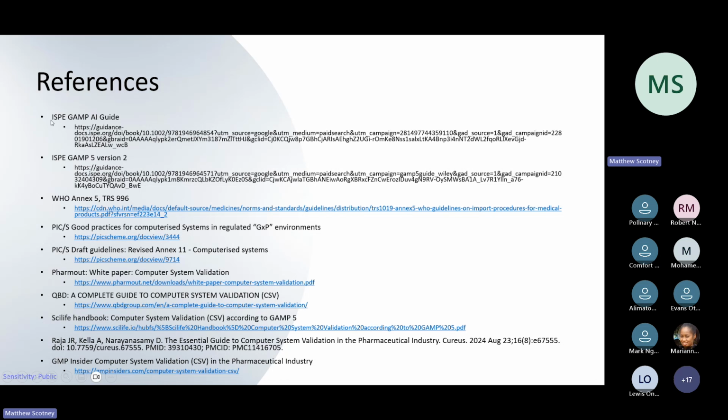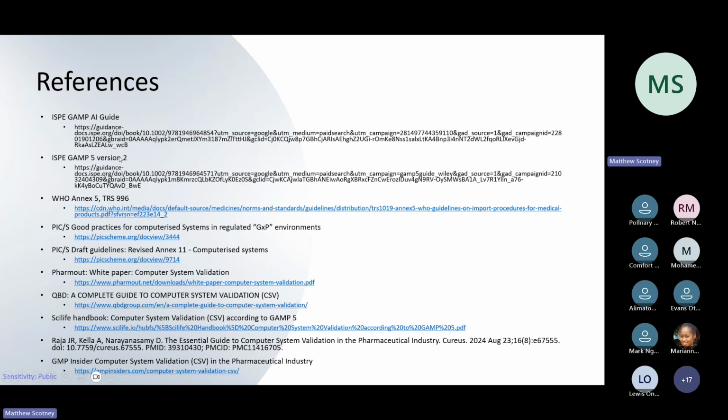The legislation, so WHO, PICS, and the good practice and the draft guidance, again, are very helpful, but I think they're perhaps designed for more people who are actually involved in the pharmaceutical industry. So if you're heavily embedded in the pharmaceutical industry and you want to know more, there's a good place to start. Ultimately, ISPE is the way to go if you're going to be working in validation and computer system validation.